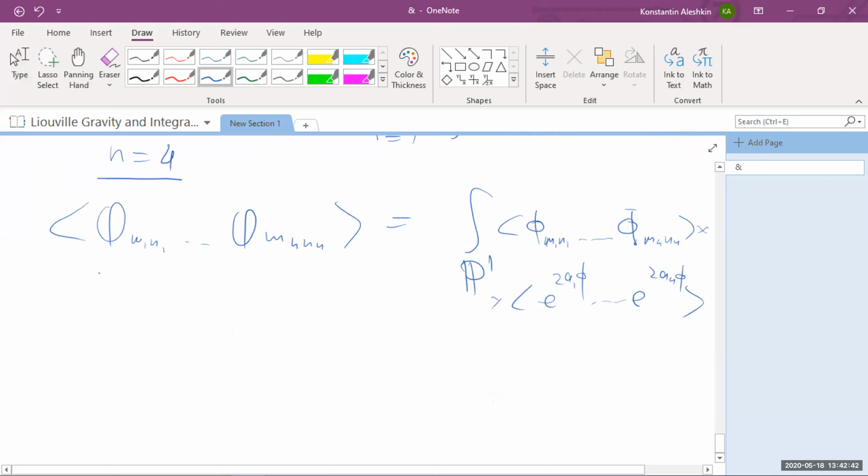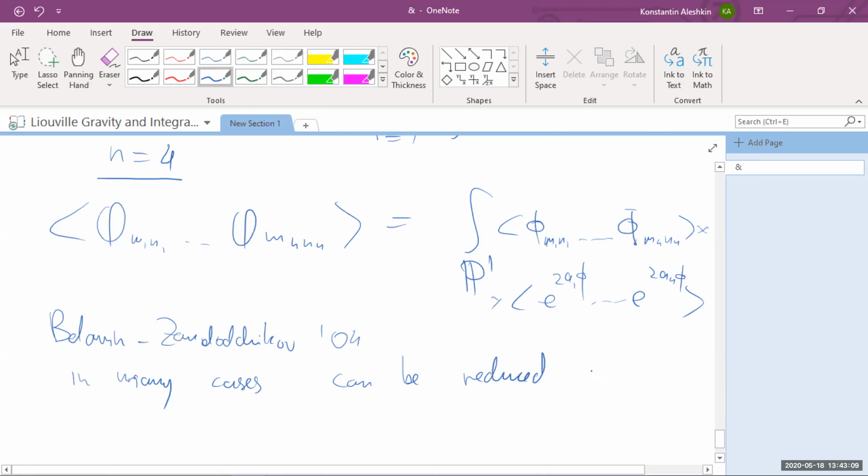But also there is a work by Belavin and Aleshkin in, I believe, 2004, where in many cases these can be reduced to 3-point correlation numbers.